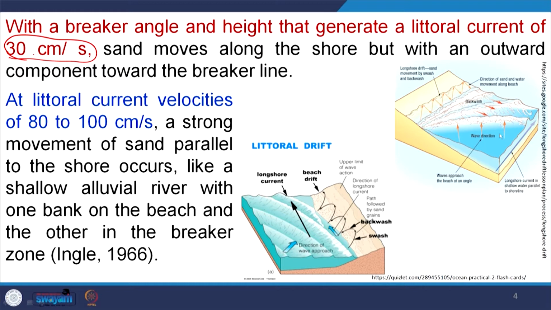A slow littoral current will not allow the sand to move parallel to the coast. Instead, it will move across the coast. That means the swash and backwash, the backwash movement, will dominate rather than the littoral current. So, in that case the sand will not move along the shore; it will move with an outward component towards the breaker line, that means toward the sea.